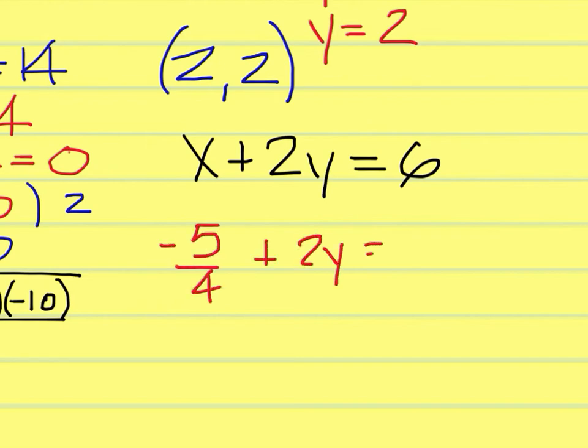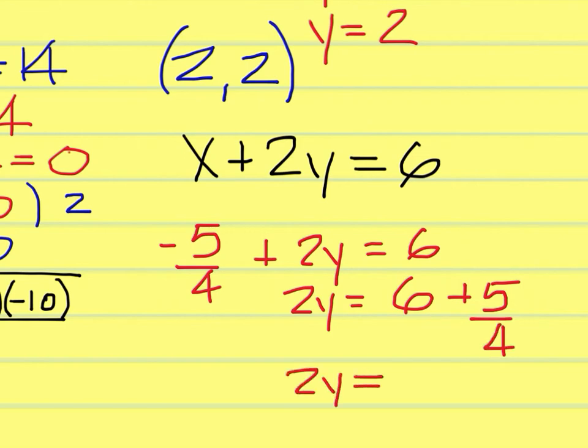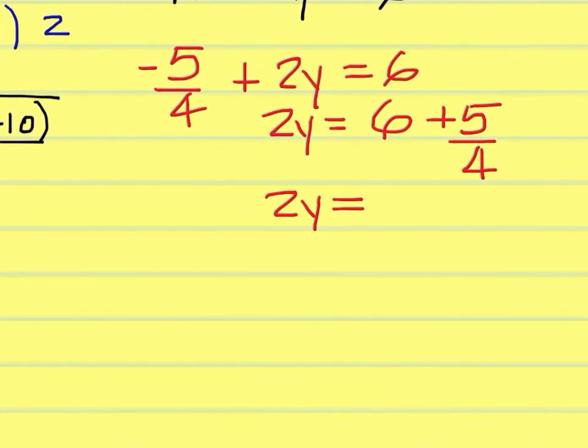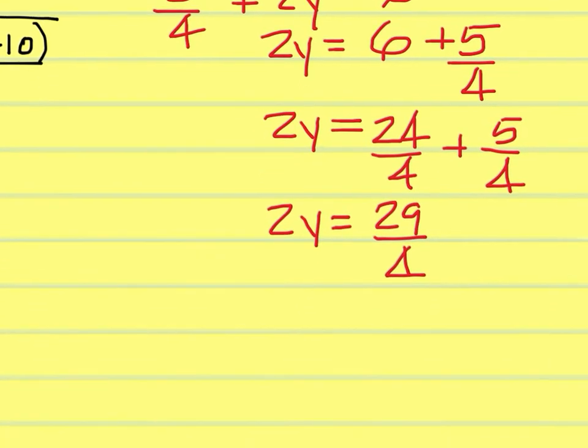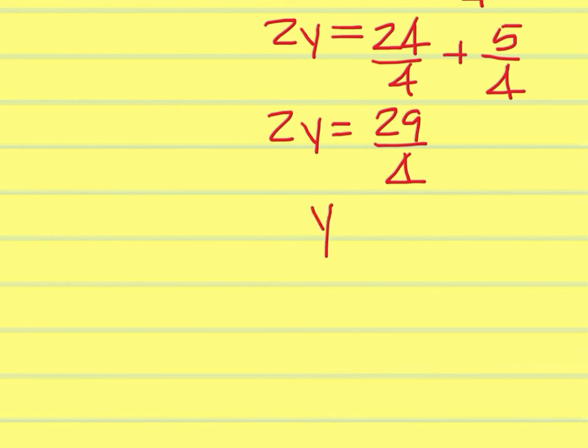Plus 2y equals 6. So keep the 2y where it's at and the 6 and make this plus 5 over 4 on the right. You'll need a common denominator of 4, so it would be 24 over 4 plus 5 over 4. That comes out to be 29 over 4, which you would have to divide by 2. And dividing by 2 is the same as multiplying by a half.